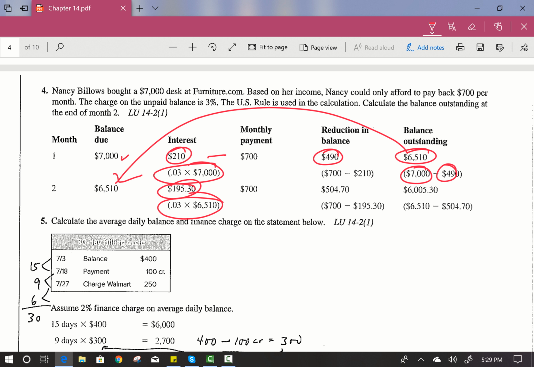Okay, then subtract $195.30 from $700 to give us a reduction in balance of $504.70. Then subtract $504.70 from the beginning balance of $6,510 to give us a new ending balance of $6,005.30. So there's your answer right there.